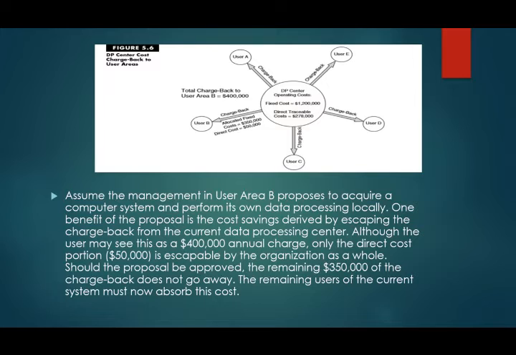Although the user may see this as a $400,000 annual charge, only the direct cost portion of $50,000 is escapable by the organization as a whole. Should the proposal be approved, the remaining $350,000 of the chargeback does not go away. The remaining users of the current system must now absorb this cost.